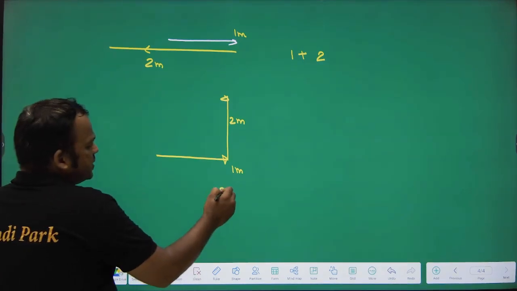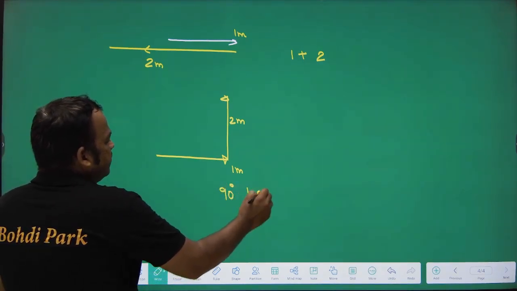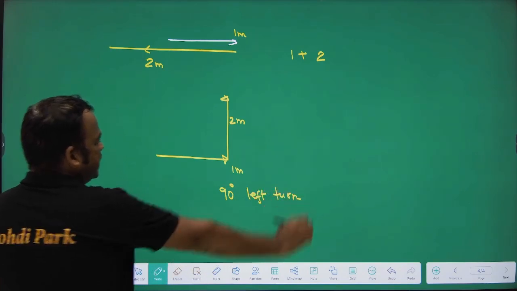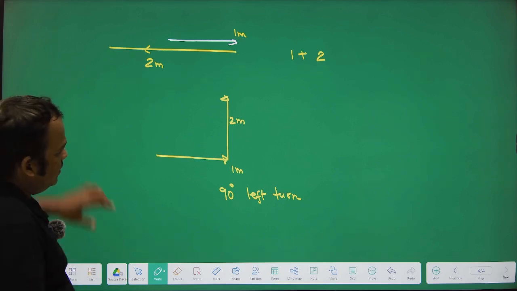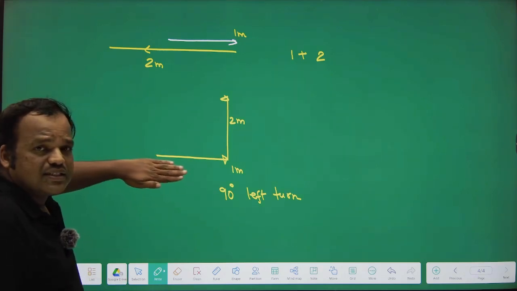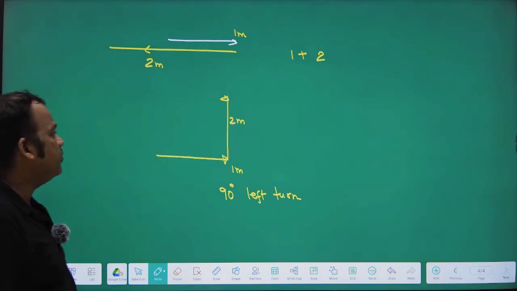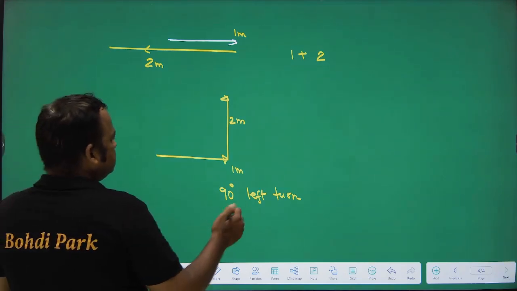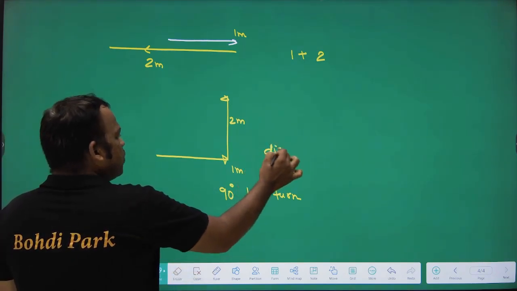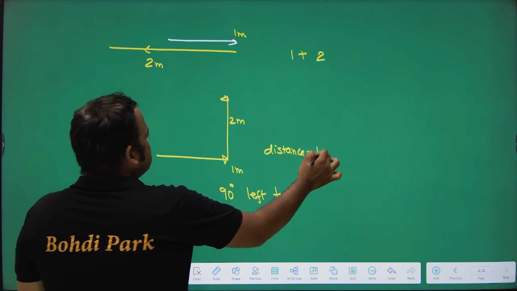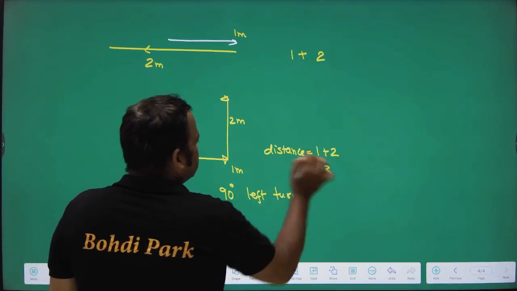So this is known as a 90-degree left turn. The particle was going along east, then it has taken a 90-degree left turn and goes 2 meter. So in this case also distance is 1 plus 2, that is 3.